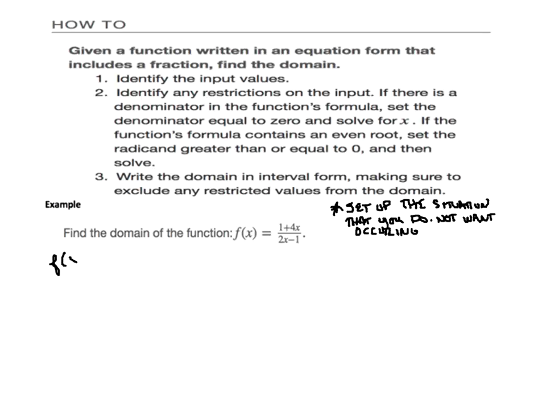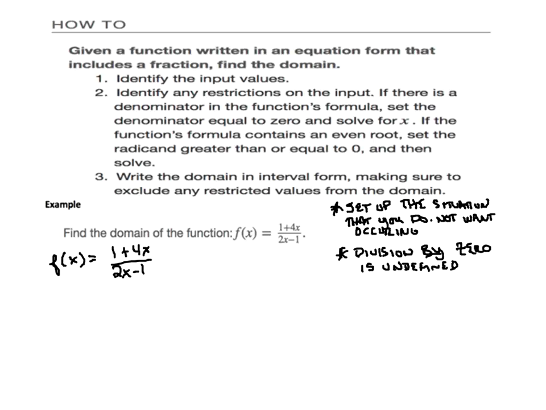In other words, if I look at this function, which is f of x equals 1 plus 4x over 2x minus 1, what I want to avoid is plugging in some value for x that's going to make my denominator equal 0, because division by 0 is undefined, which therefore means that your entire function at that point is undefined.